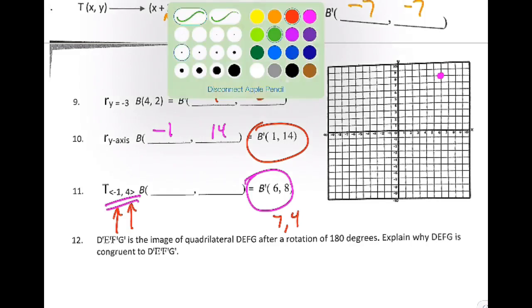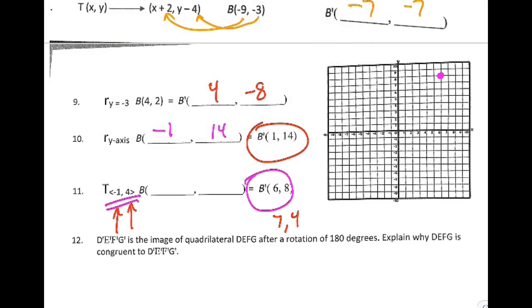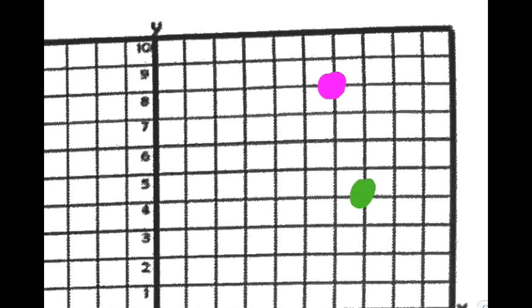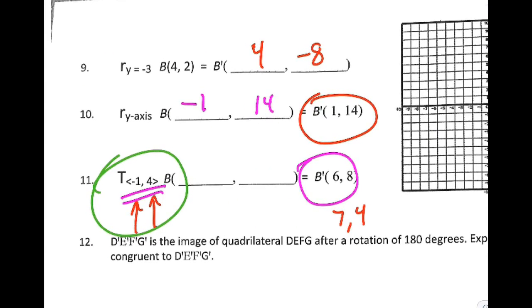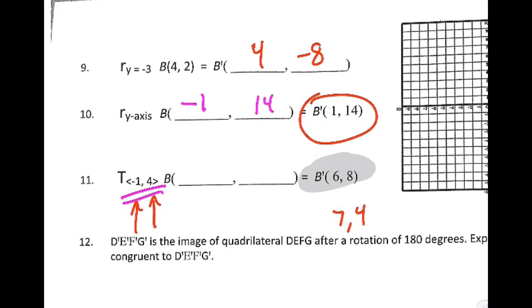Let's see if that makes sense. 7, 4. If I started at green and wanted to go to pink, am I going -1, 4? Yep, it worked. -1 up 4. So when you're looking at a translation and it gives you the final answer and asks you for the original, just do the opposite of the signs in the translation.